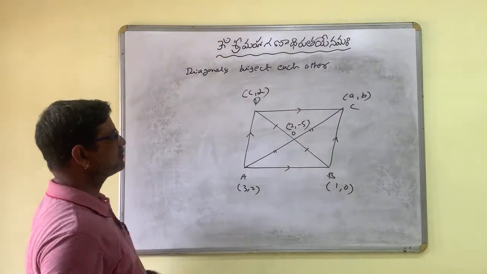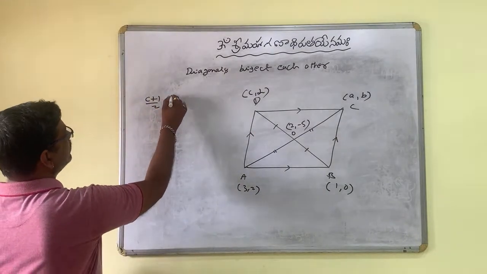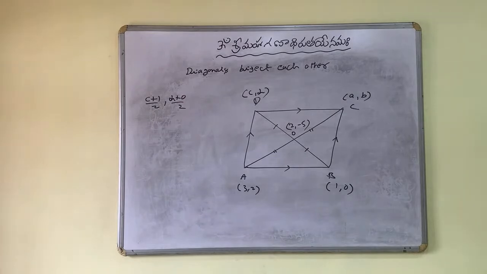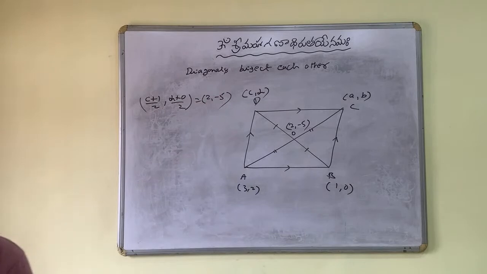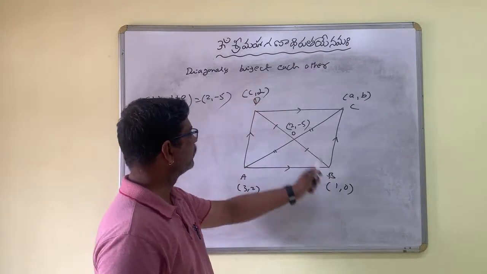First find out the midpoint of BD. Midpoint of BD is (c plus 1 by 2, d plus 0 by 2), which is equal to (2, -5), because the midpoint of BD is given as (2, -5).